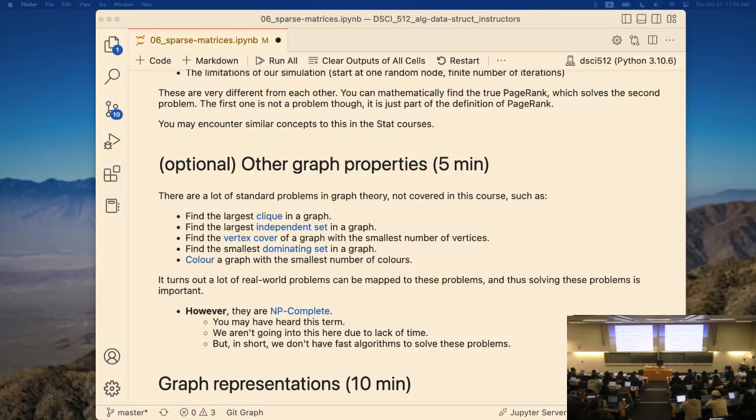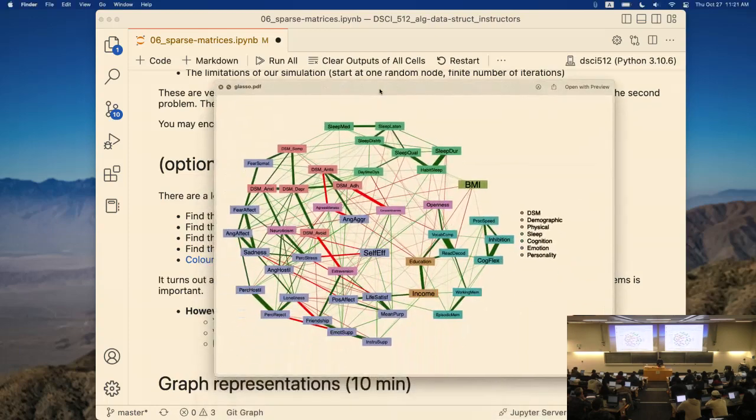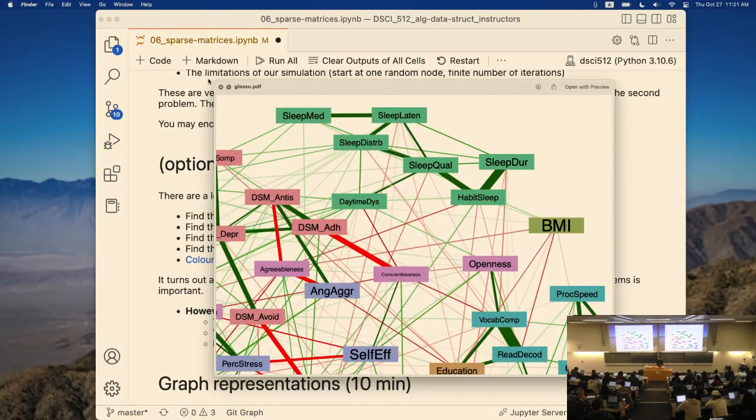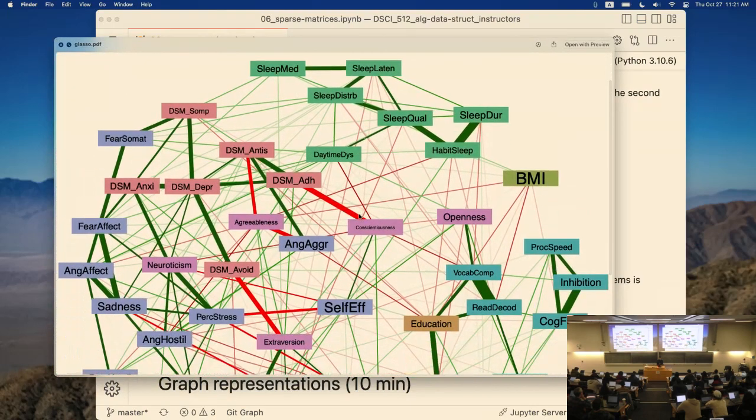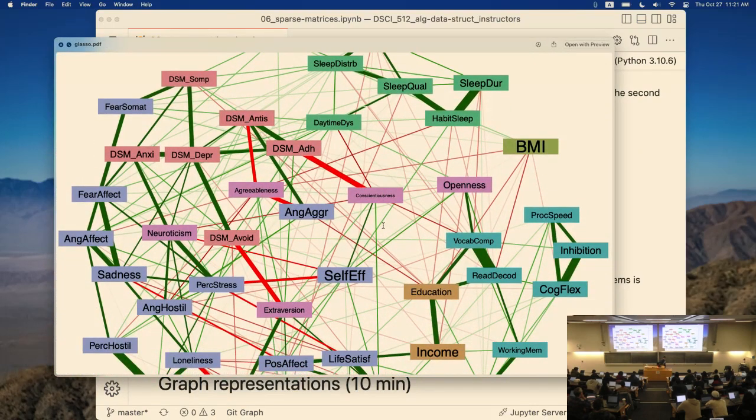So there is an interesting type of analysis that you can do. It's called a Gaussian graphical model. Take a look at this. A friend of mine and I started working on a project that was interested in the relationship between different psychological disorders.